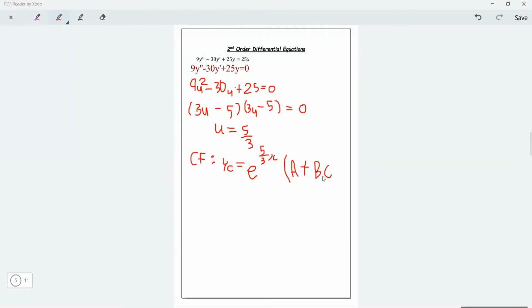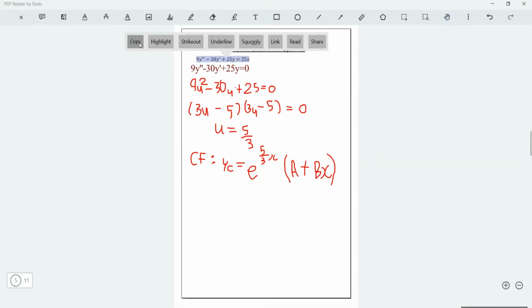This is our complementary function. But now we need to find our specific solution. To find it, we look at what is given right here.